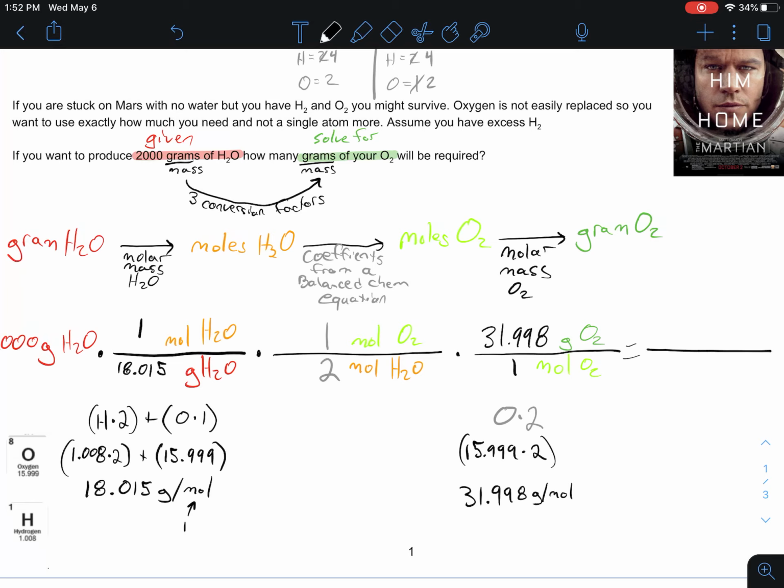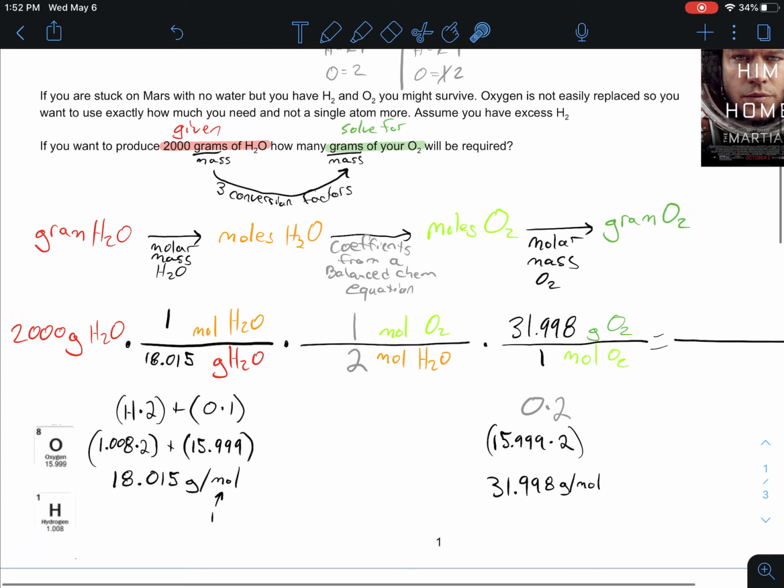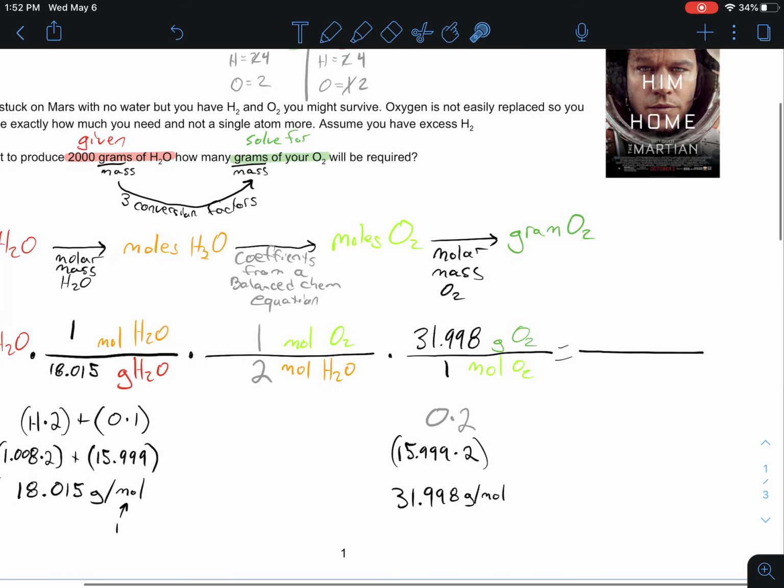Next, condense this. In order to condense it, I'm just going to take all the numerators, which includes the given whole number, so the 2,000, the 1, and the 31.998, and multiply them together. So 2,000 times 1 times 1 times 31.998.